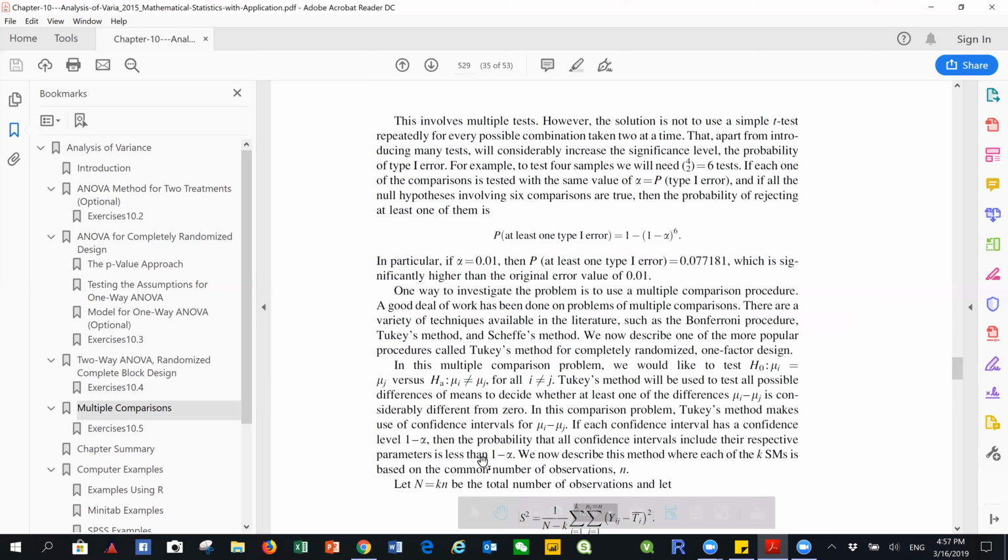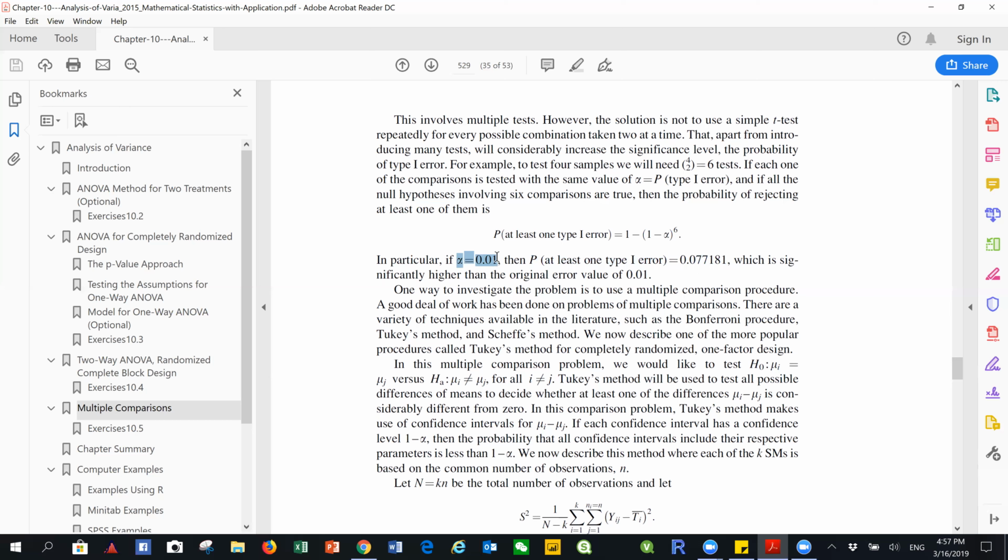In other words, if the overall alpha has to be 0.01, then each separate test has an even smaller alpha.